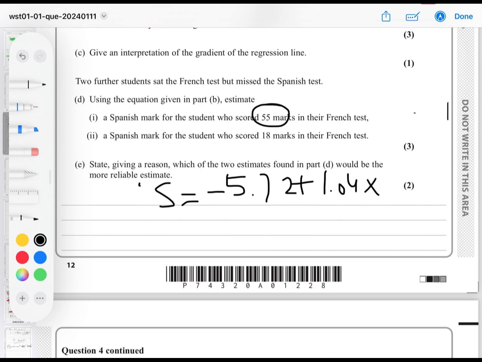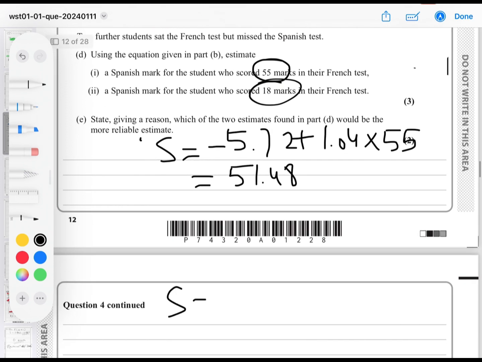The French test mark is 55 here, so I'll put it here, and simply putting it here, we will get the answer. Now moving to the next part. They are asking for a Spanish mark for the student who scored 18 marks in the French test, which means we will just put the value of the French test here. I'm putting it here. This is the answer.